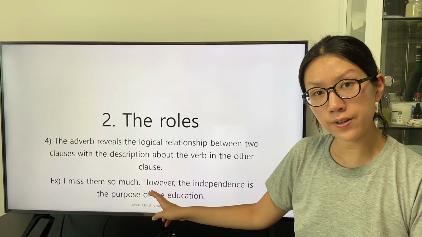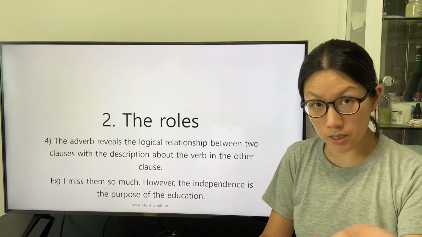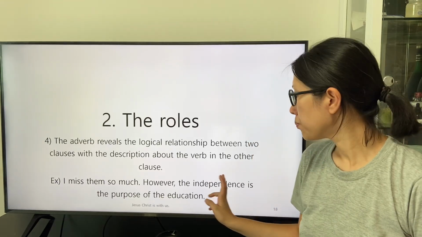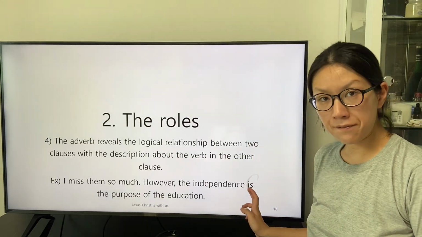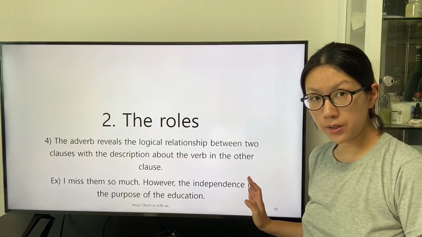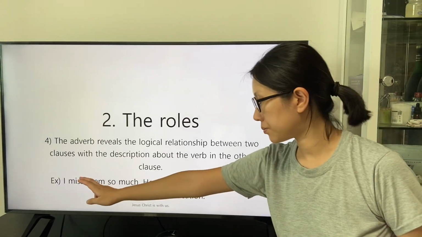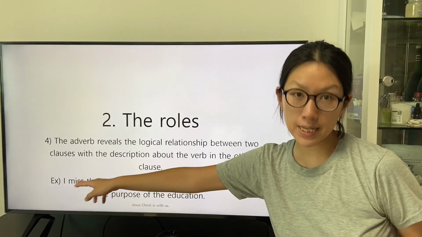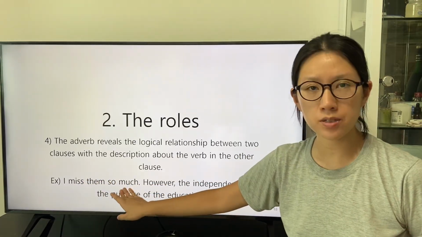The conjunctive adverb, however, is applied to reveal the correlation between the definition of the be verb and the definition of the transitive verb miss in the previous clause.